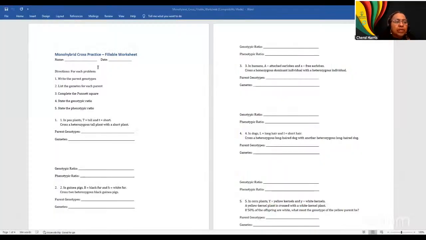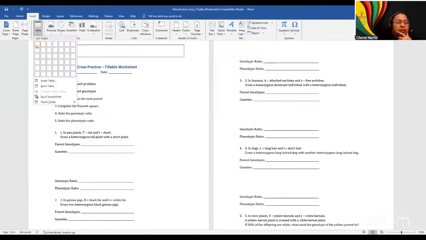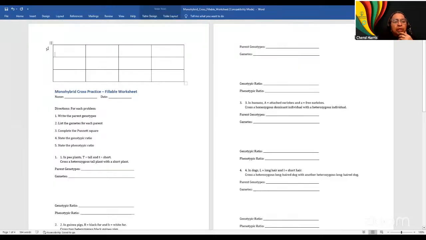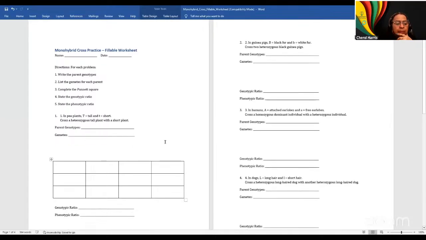And what you can do, let me see here, you can insert a table. And you want your table to have, let's see, let's do it like that. All right. And then we want to just move this table so that it fits. Not there. There. All right. So you see what I just did?